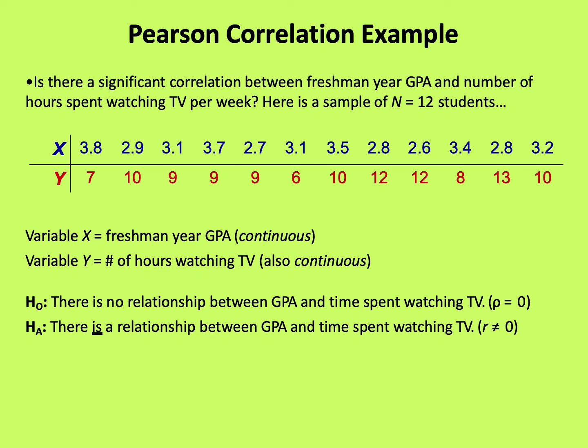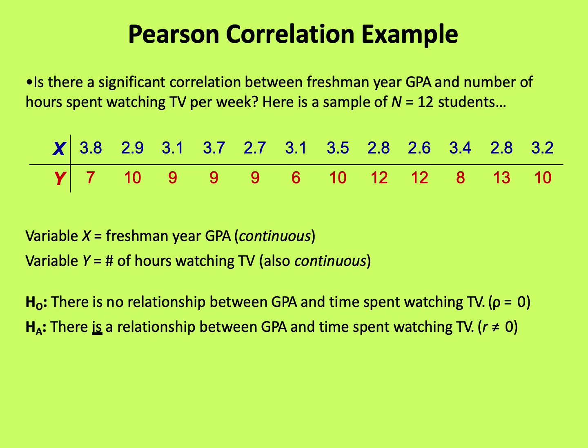Okay, so let's return to one of the first examples that I gave you. Suppose we wanted to see if there was a significant correlation between freshman, or first year, GPA and the number of hours spent watching TV per week. Here is our data from a sample of 12 students, where variable X is GPA and variable Y is number of hours watching TV.